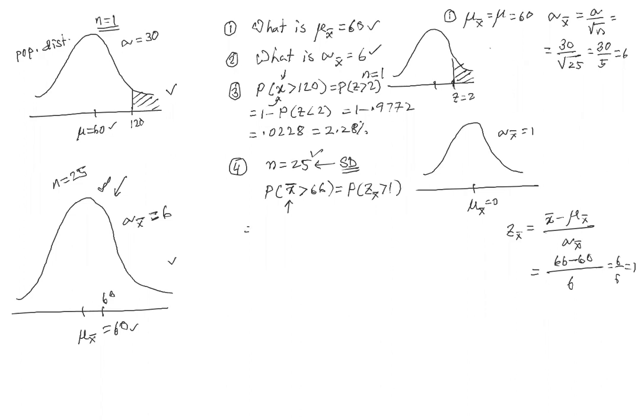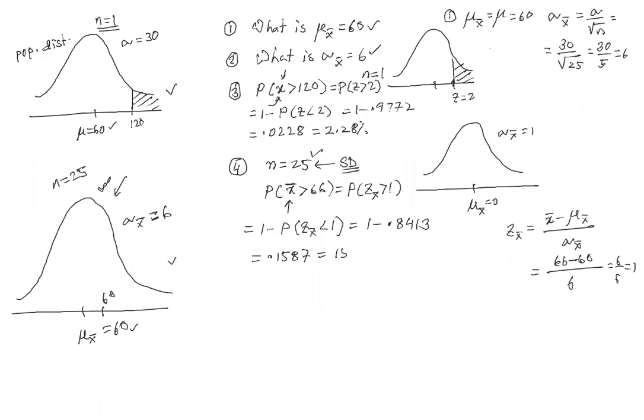which by the way is the same as 1 minus the probability of Z sub X bar being less than 1. Okay, which is 1 minus, you can look it up in the table, 0.8413, I believe, which is 0.1587.